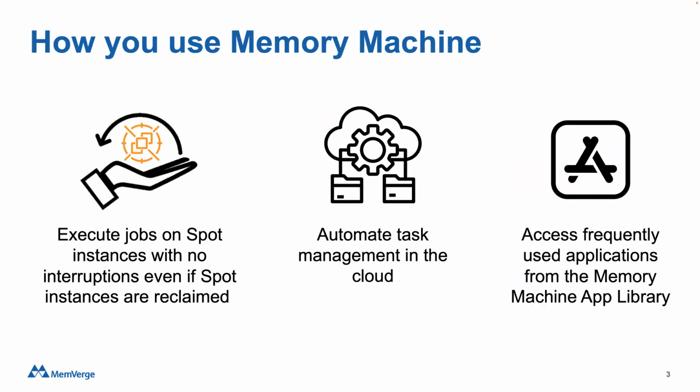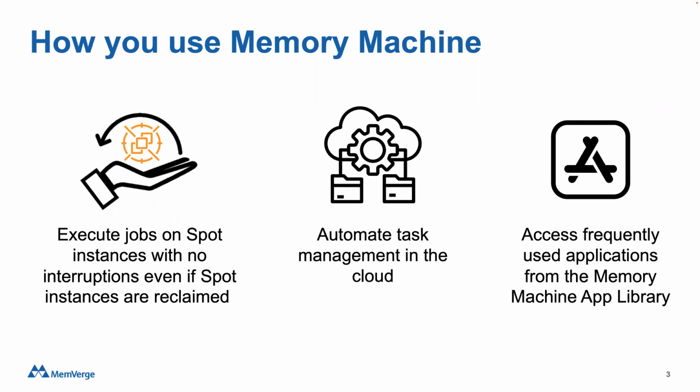The way you use this product is you log into your own Amazon account, your Amazon EC2 instance. You can execute a job on the Spot instance without getting interrupted, without losing the data.